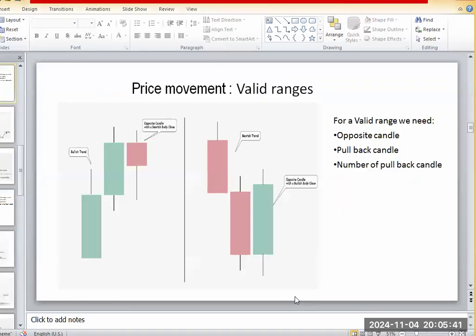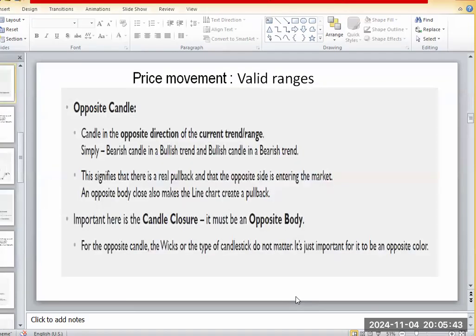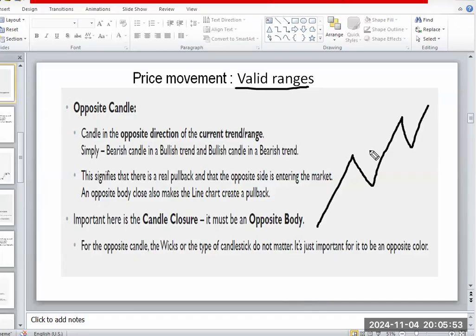So we talked about what we call valid ranges. We must have a valid range, and all that we mean is that between this high and this low here, price started from somewhere here. So in an uptrend, price started from somewhere here and then pushed all the way up. So between this high here and this low here, that is our range.